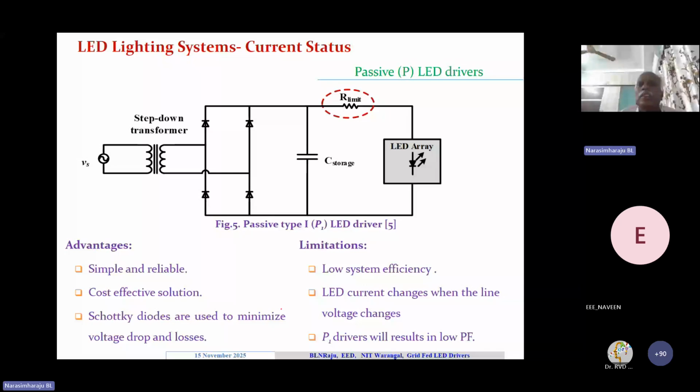And then, as for the passive drivers, I said that just to make you understand what exactly a passive driver is in a general, normal, local power driver circuit.